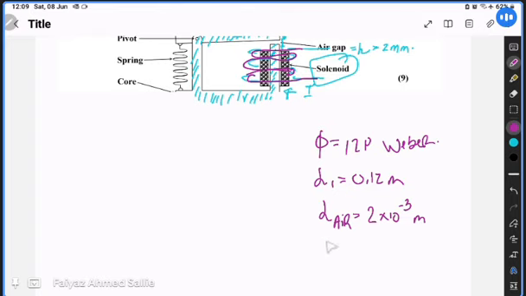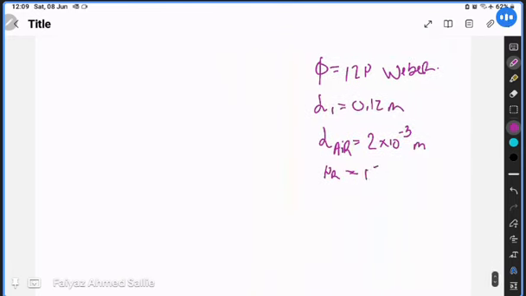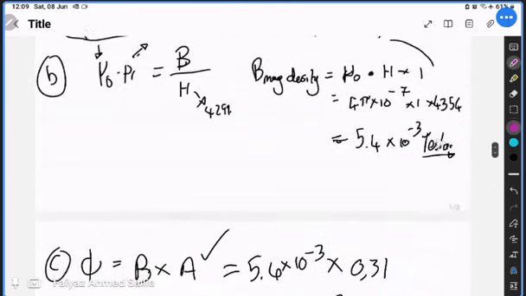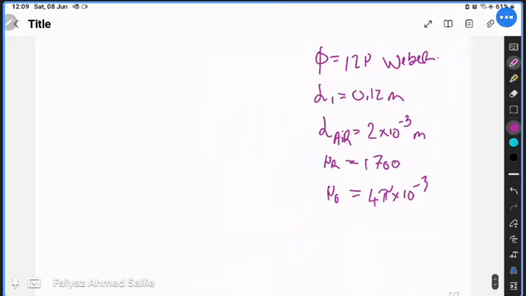Then we have the relative permeability of cast iron, 170, and the permeability of A from the previous question is 4 pi times 10 to the negative 7. Then we have the number of windings, which is equal to 1,000.